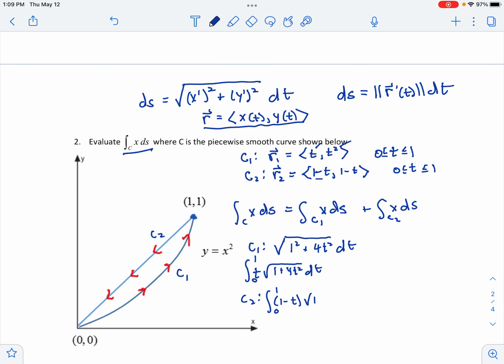Negative 1 squared. So this is going to be the integral from 0 to 1, 1 minus t times the square root of 2 dt. And you would integrate this one and put them together. And that would give you what you're looking for.